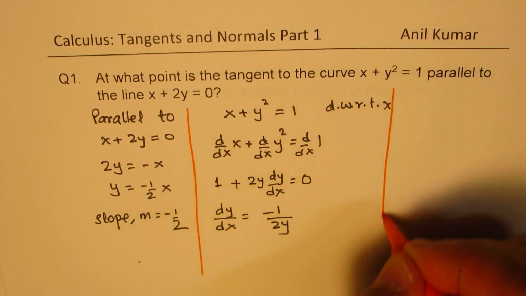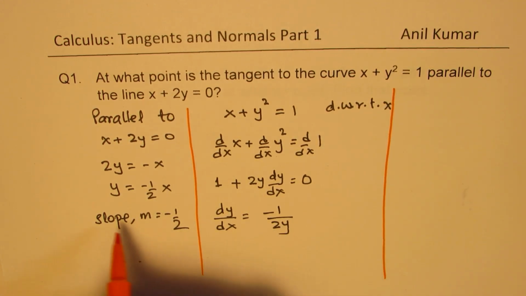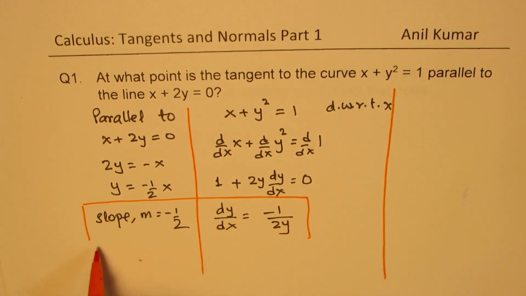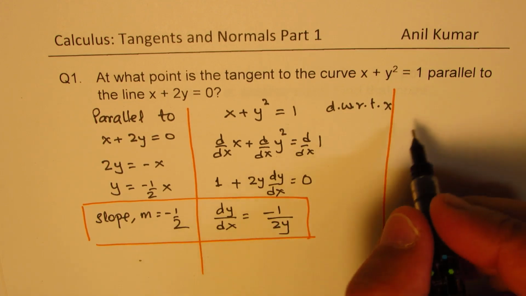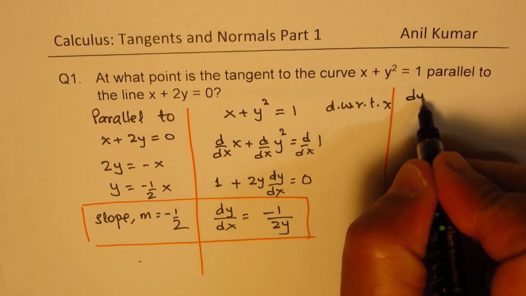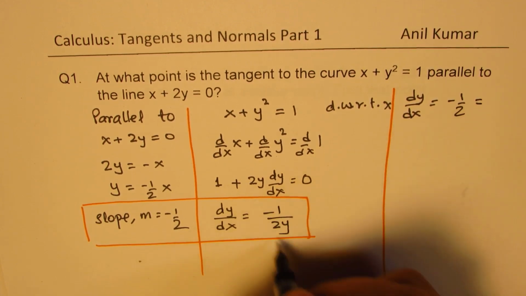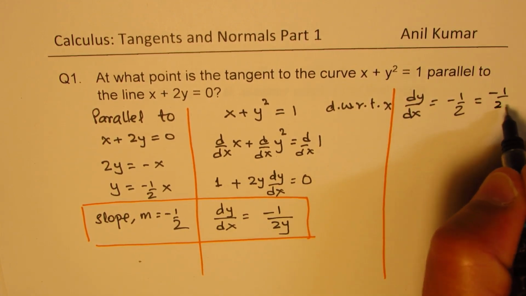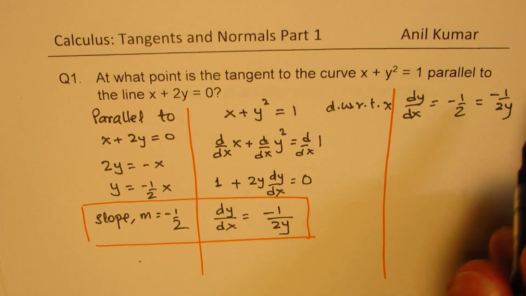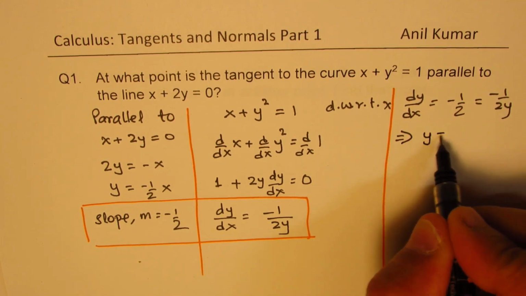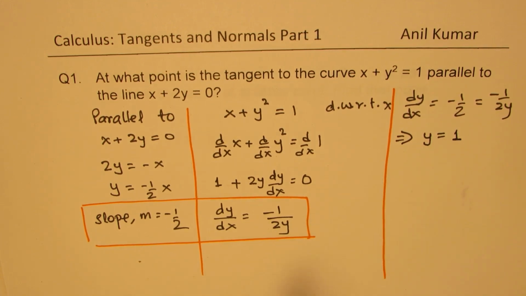Now what are we given? We want these two to be the same, right? We want this slope to be the same as -½. So we want the derivative dy/dx to be -½, but we know it is -1/(2y). So clearly that gives you y = 1.